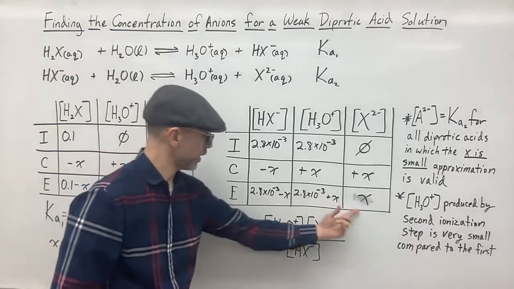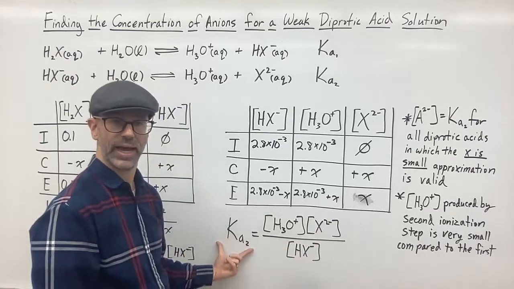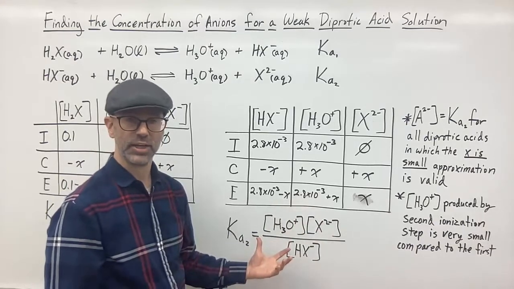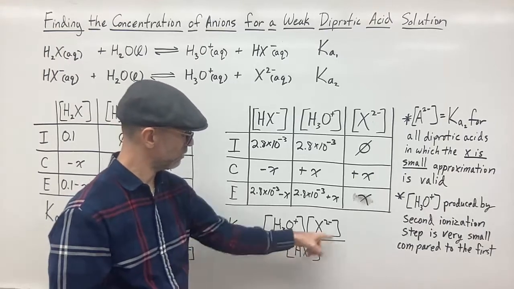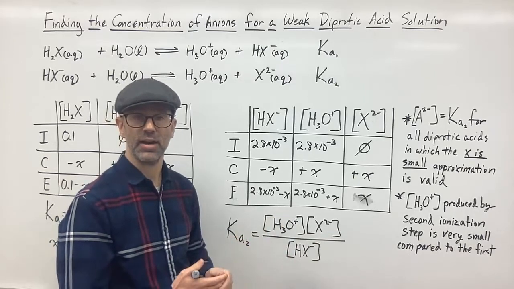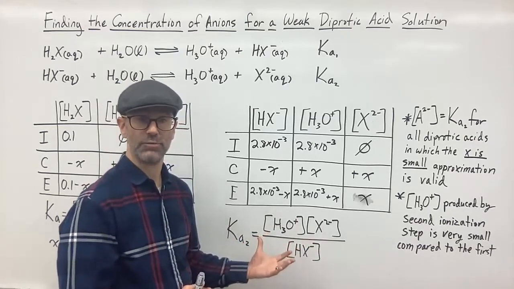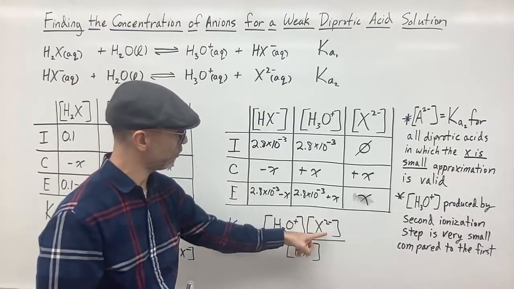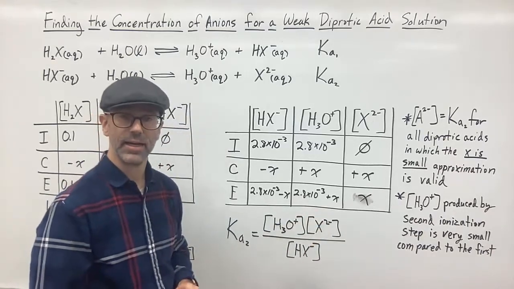Again, I can plug those expressions into my equation here. I know what the Ka2 value is, that should be given to me. And then all I'm going to do is solve again for X like I normally would. So I would maybe try the x is small approximation, get rid of the X's and simplify and see what I get, and then make sure that follows the 5% rule. And so that's it for trying to find the concentration of X2. You'll be able to solve for X, which is going to be your X2 minus anion concentration.